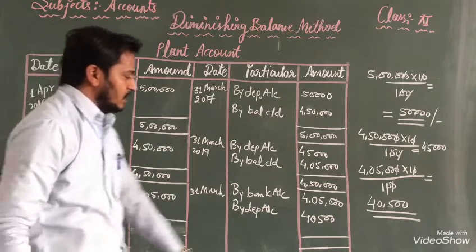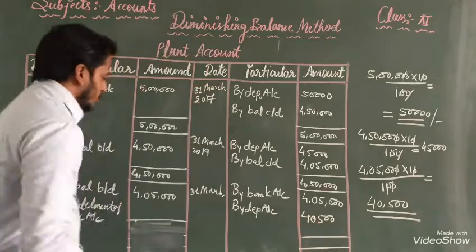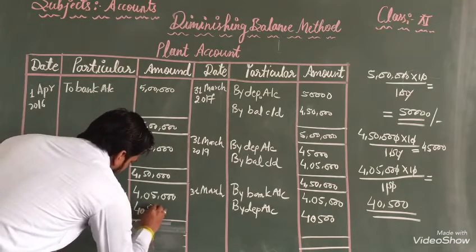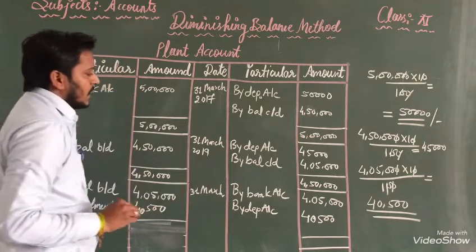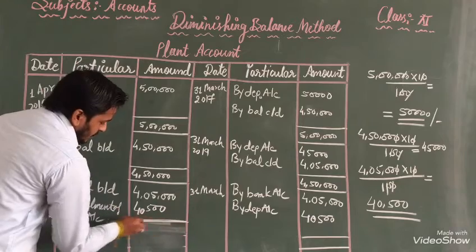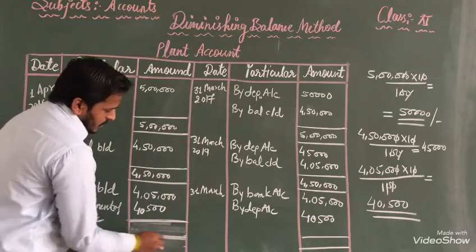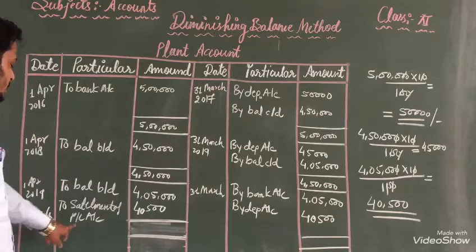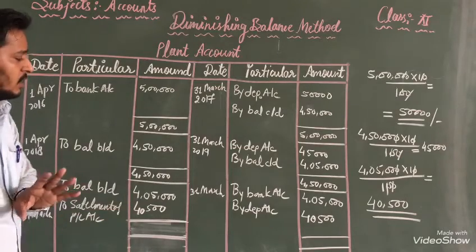How much amount is there? 40,500. That much amount we are getting as profit. So now we have to make a balance with the help of that. This is the closing. Okay. So same thing, both amounts should be given here.